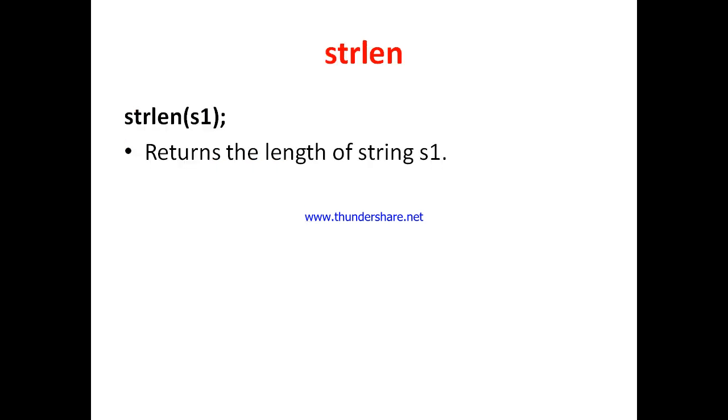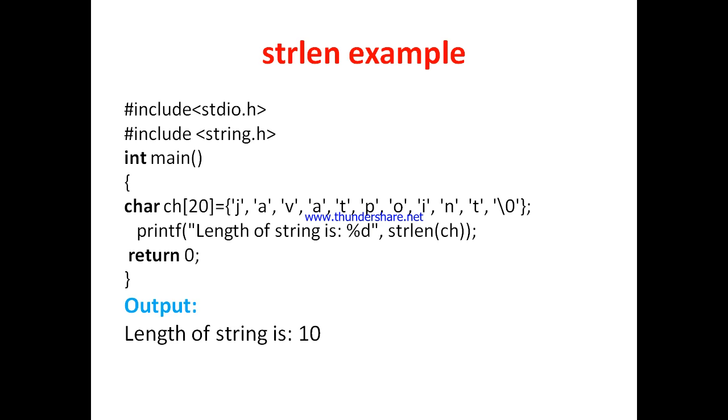Now the next function is strlen. Len means length. It returns the length of string s1. The parameter is s1, so it returns the length of the character array or string. Example of strlen: the header files are included. Inside the main function, character array ch[20], the text is initialized as java t point ending with the null character manually.